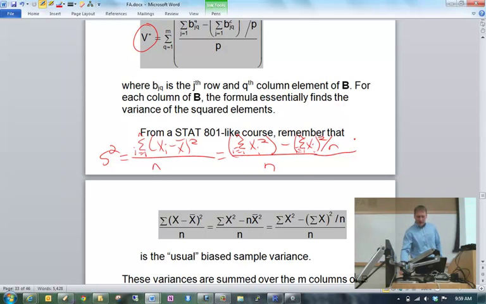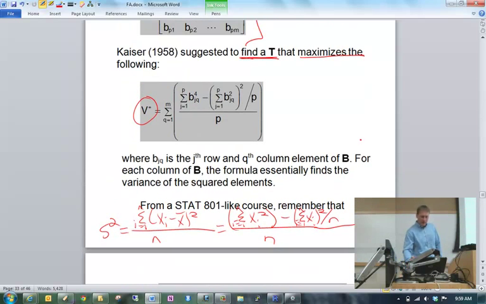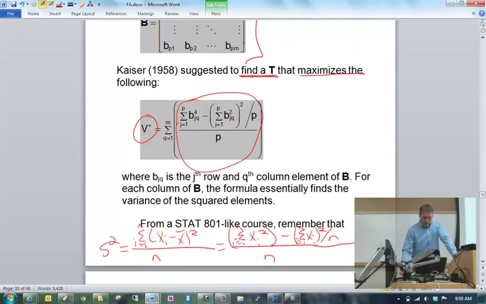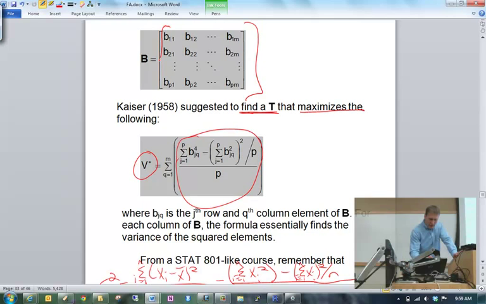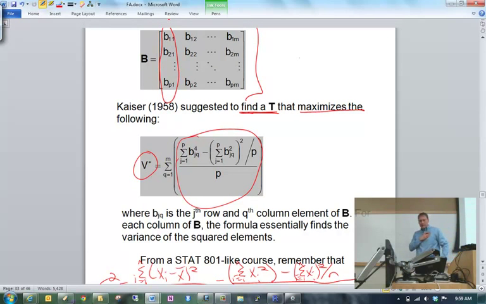So essentially, now compare that expression to what we have here inside this parentheses. See some similarities. Focus on a particular column of my matrix B. Now imagine the values in that column are each squared.